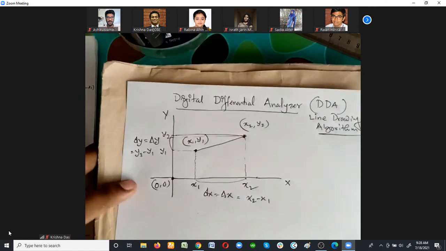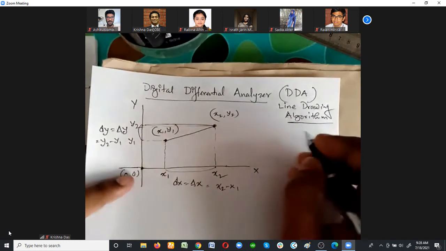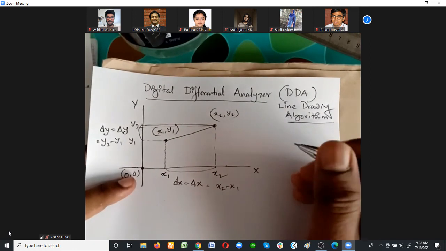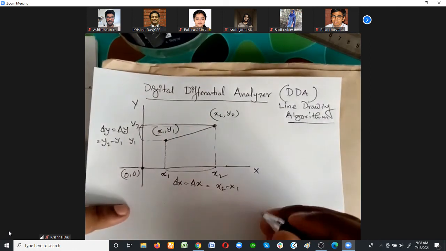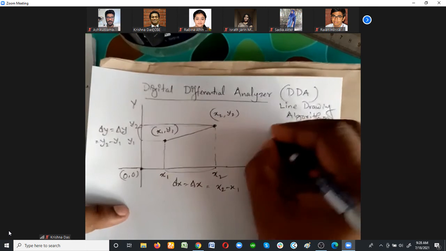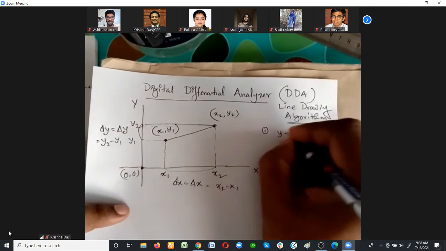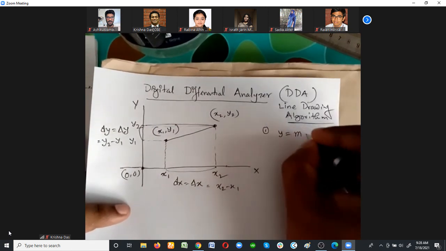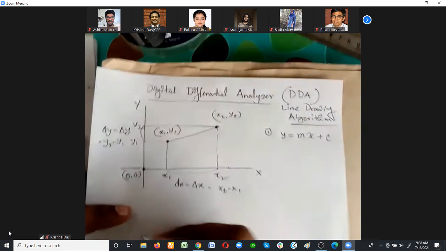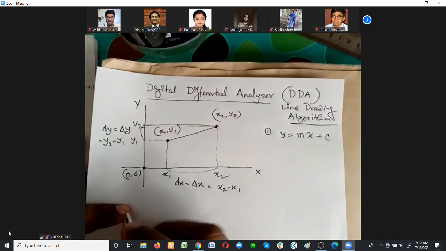Now there are some line equations for x and y. If you can remember, one was y equal to mx plus c, right? A very common equation.